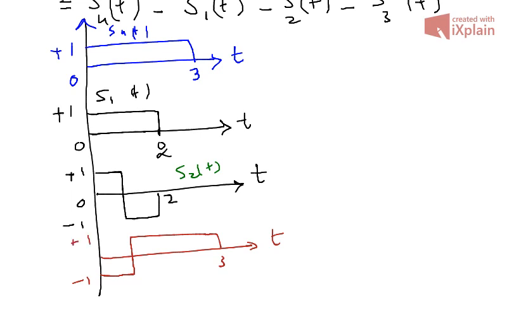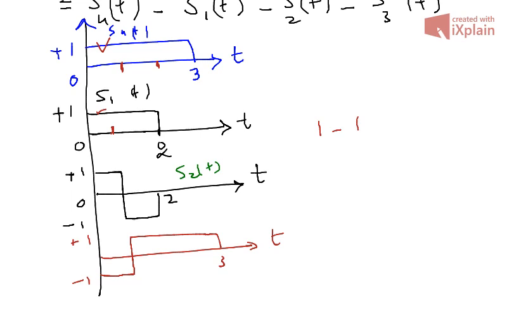And if you do this, now from 0 to 1, let's try to do it step by step. From 0 to 1, this is 1, this is 2. From 0 to 1, this is 1, so 1 minus this one, 1.